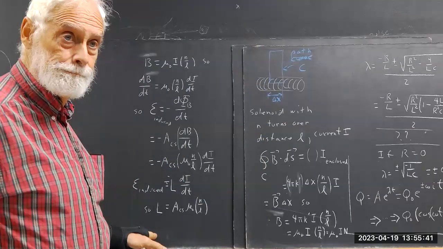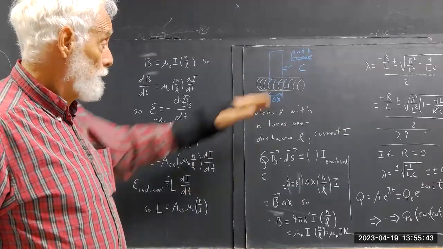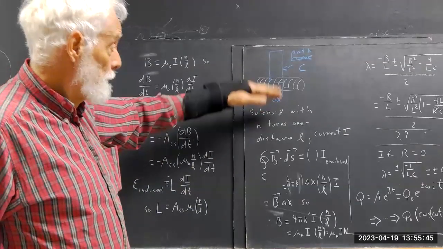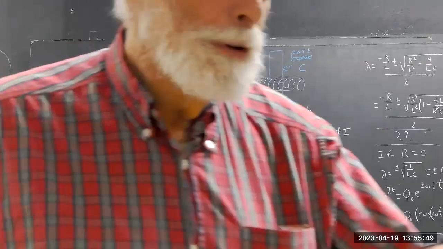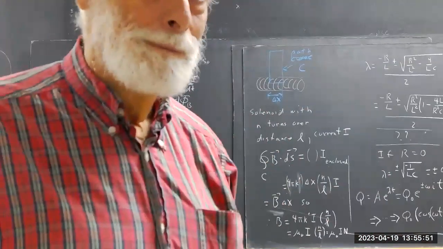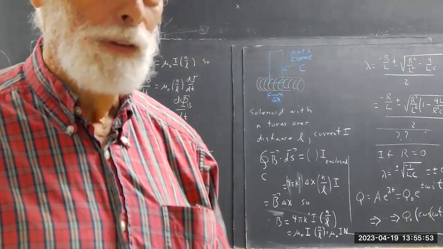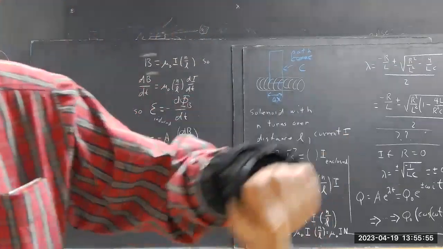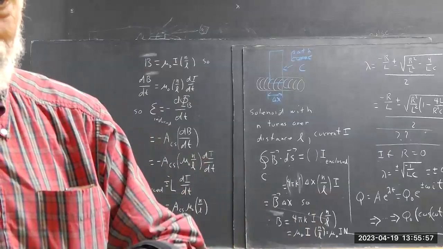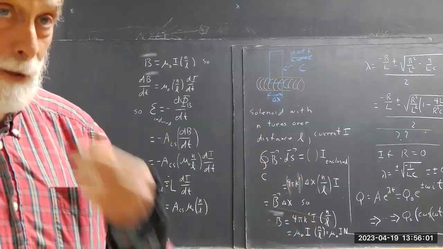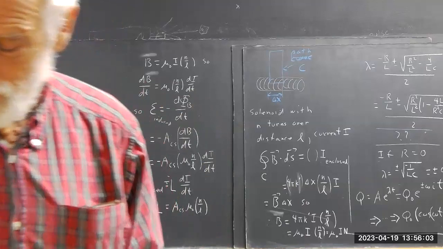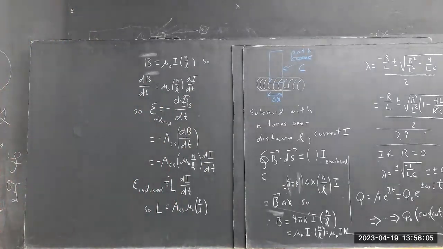Also, you want to look at the circular solenoid. It's analyzed very similarly, but with a path that goes all the way around, because the symmetry allows you to do that. So make sure you think that through. And then do the homework. It'll run you through the whole thing.